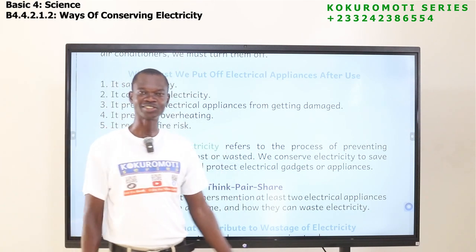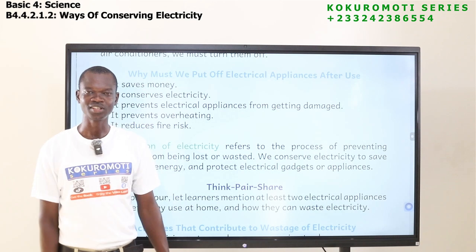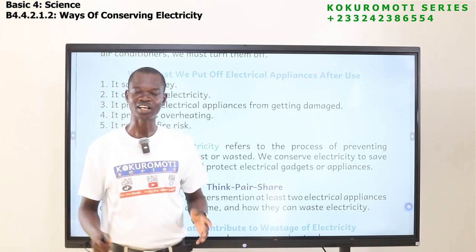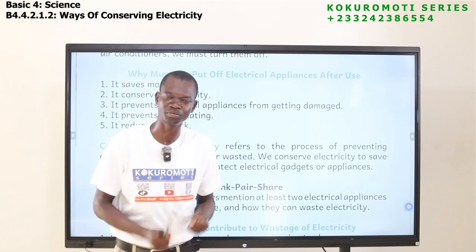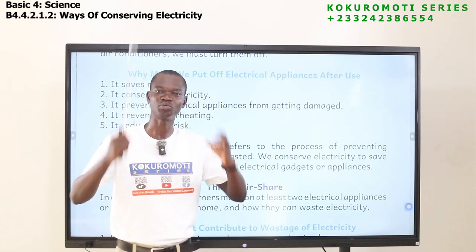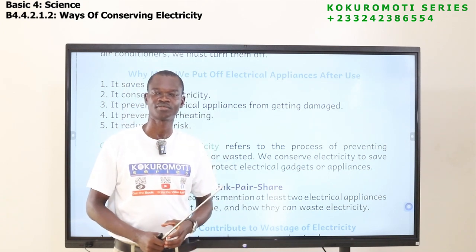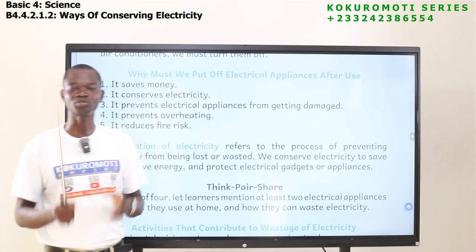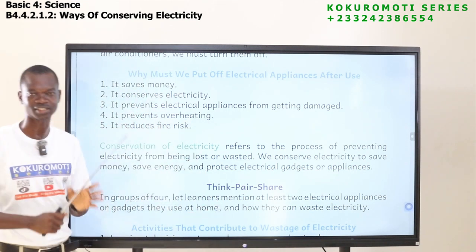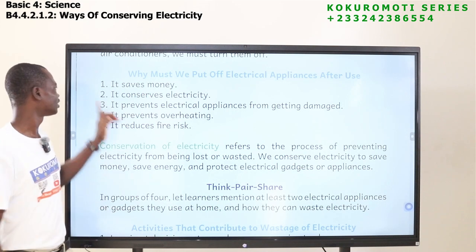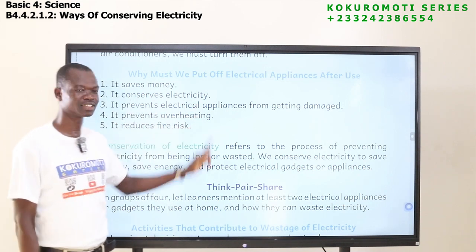From morning to the time that you close from school, these appliances will be on. And look at the energy these appliances will consume, the electricity that they will use. So if we want to save money, we need to turn off all these appliances when they are not in use.